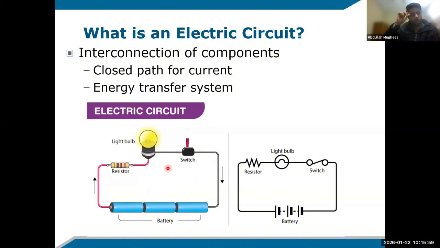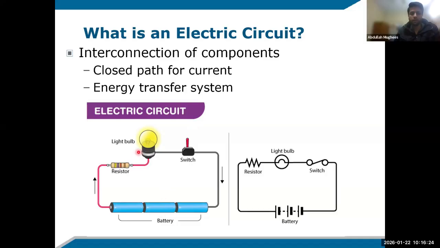You can have hundreds and hundreds of components. Here we have resistor, light bulb, switch, and battery. So we can say we have four components and they're all connected to each other. You can have 4,000 components or 400 components or 40 components or four components. If they are all connected to each other somehow, then that is a circuit.